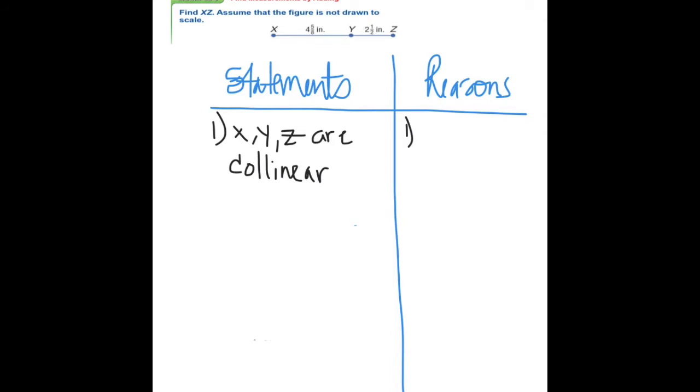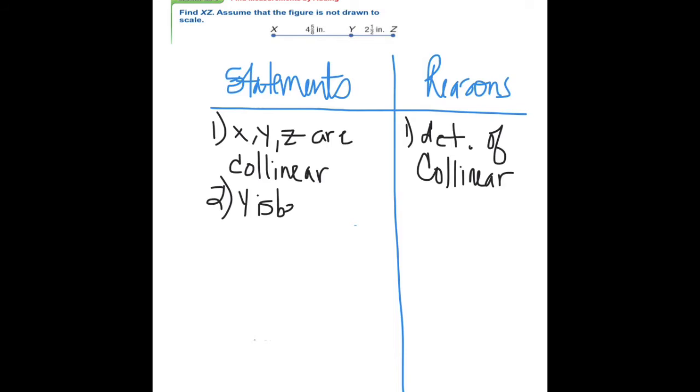And the reason I can say that is just the definition of collinear. Okay? The next thing that I can say is that y is between x and z. And that is the definition of betweenness.